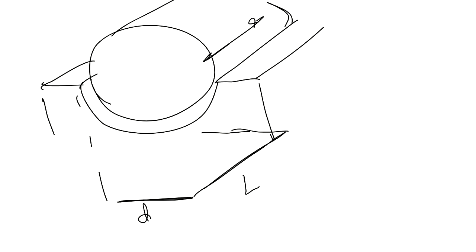I'm not caring about the contact; I'm caring about the projection. The projection here will be a rectangle which has a length L, the same length as the circular shape, and a width D. Do you all agree about this? Yes, this is the projected area.